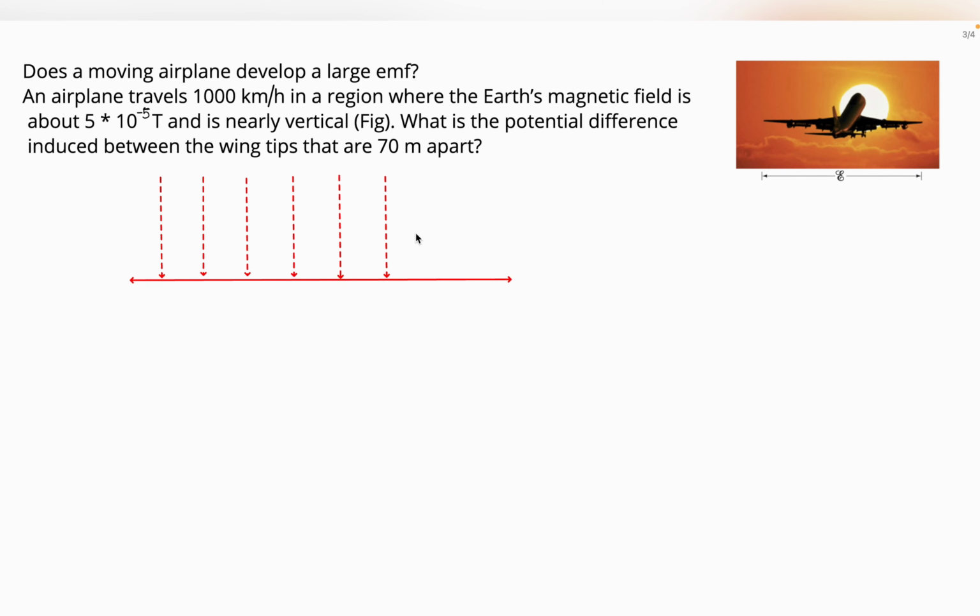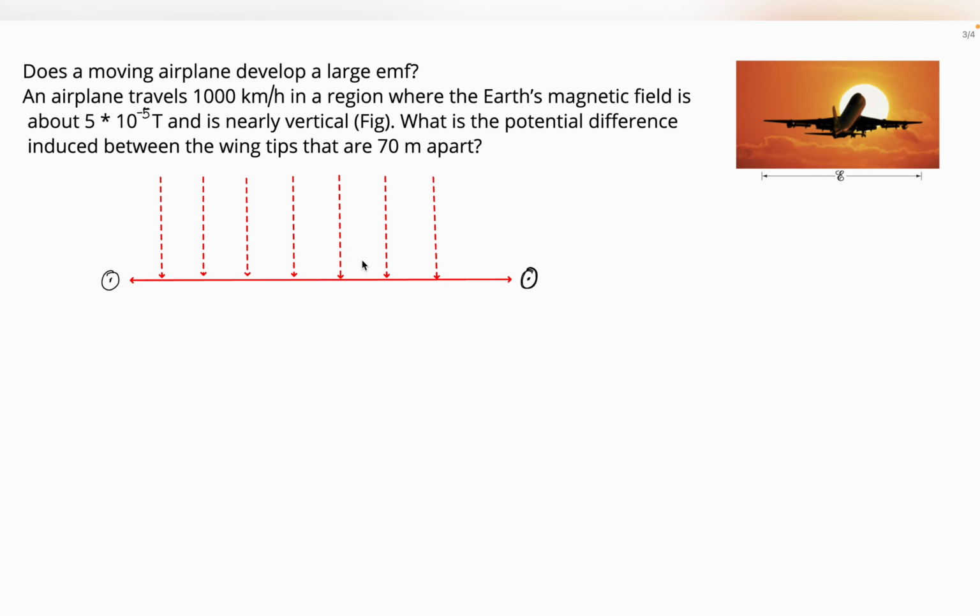So there is Earth's magnetic field which is vertically downwards, and the wings are 70 meters apart, and here because the airplane is coming out of the page, the wings are moving out of the page. Out of the page is represented by this circle with dot. So the direction of the airplane and the direction of the magnetic field are perpendicular, right?